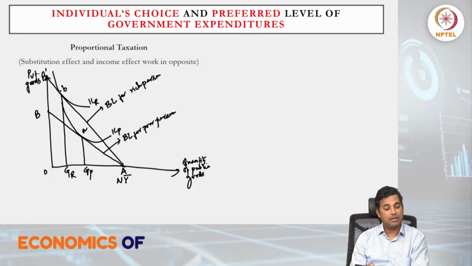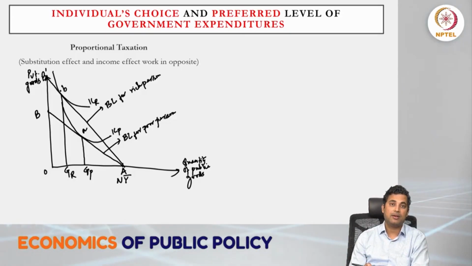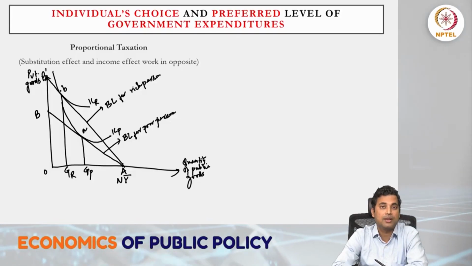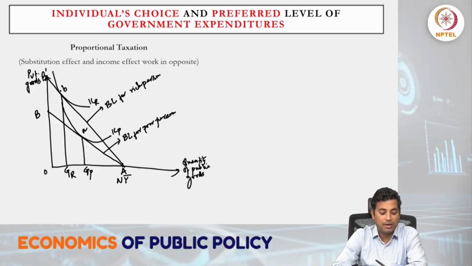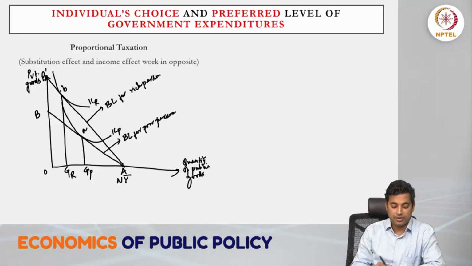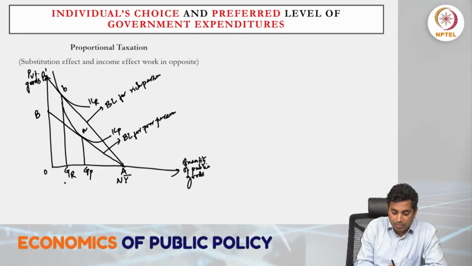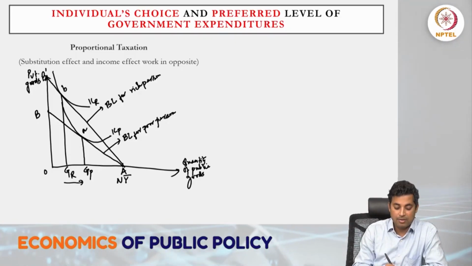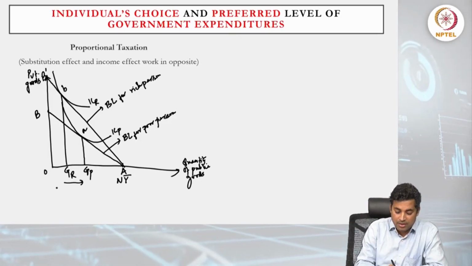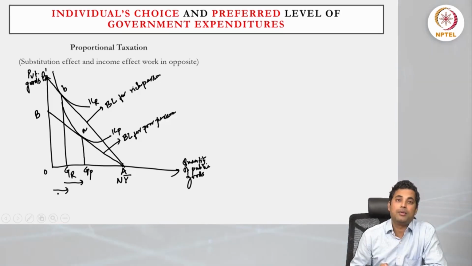But in the case of the poor person, the general tendency is to have more and more public goods consumption, and therefore the poor will have a greater quantity of public goods consumed. So the poor person will have more public goods consumption as compared to the rich person.